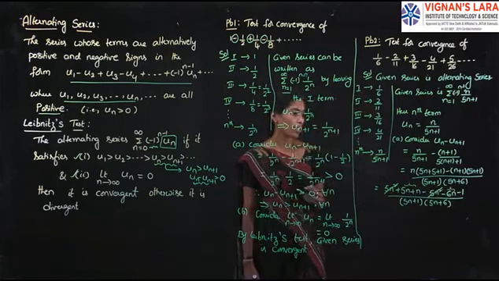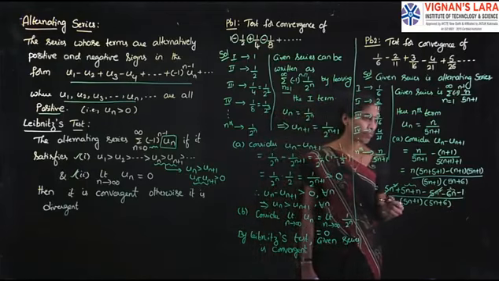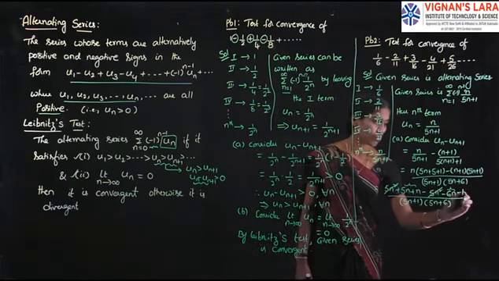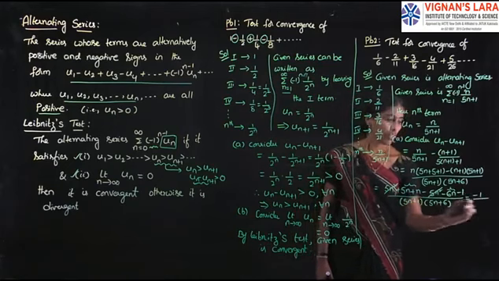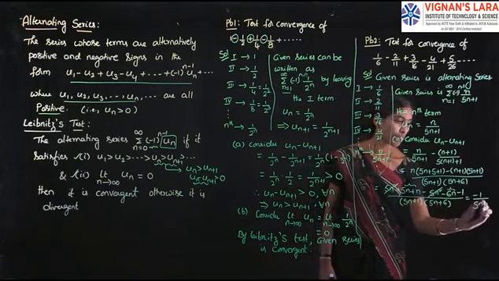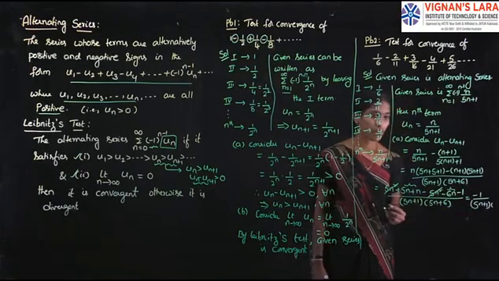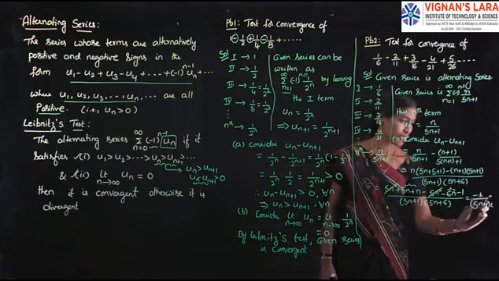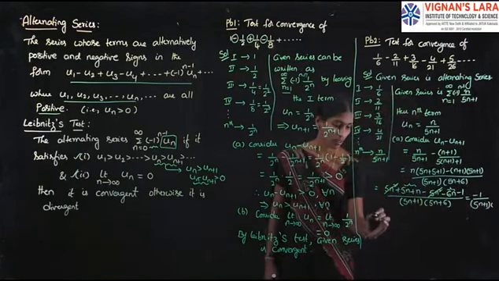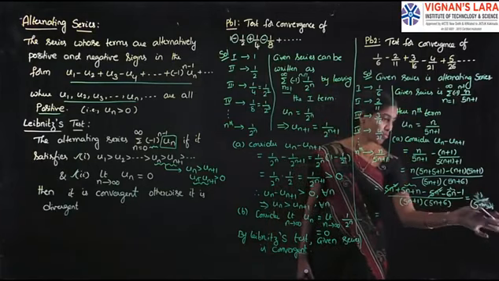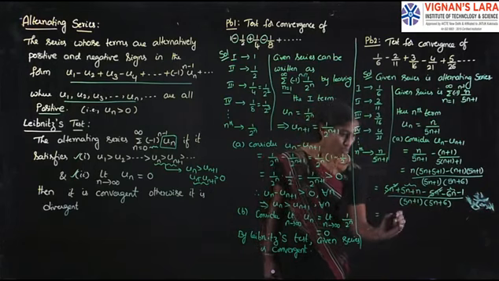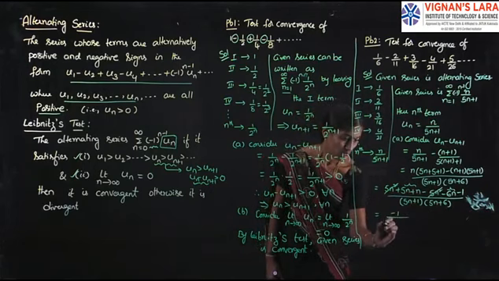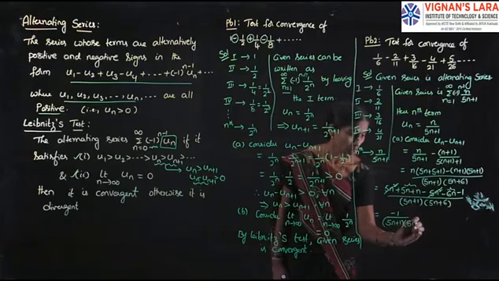So what is remaining? Minus 1 by 5n plus 1 into 5n plus 6.